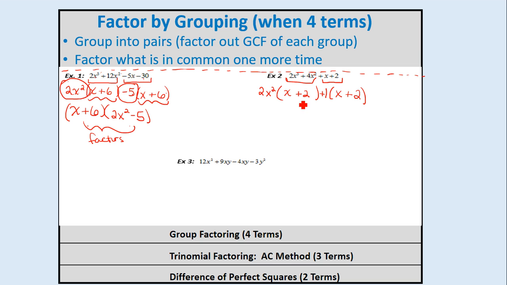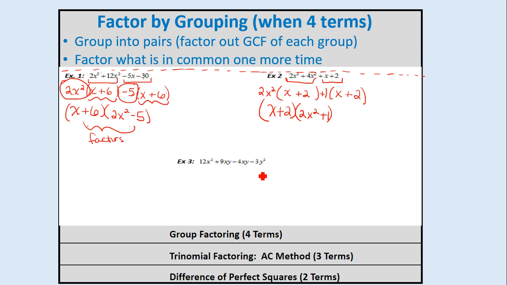Now notice I have the repeating factor of x plus 2 here, so if I factor that out, x plus 2 is the repeating part. The leftover stuff here is 2x squared plus 1. Both of those are the factors that were multiplied to create the original expression in example 2. So if you wanted to distribute this back out, you could check and make sure that it equals what that problem looked like to begin with, okay?